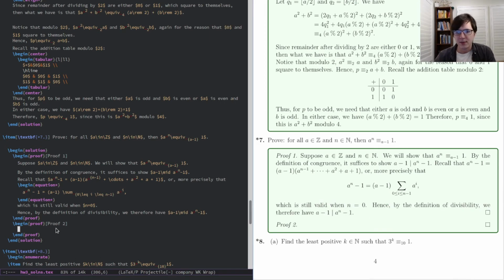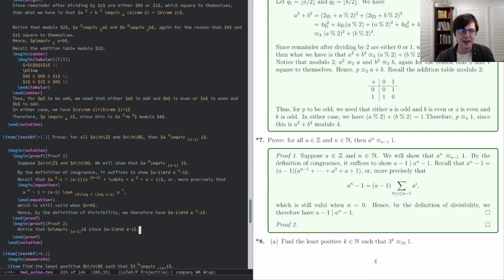Okay, proof 2. Notice that a is congruent to 1, since by reflexivity we have that. So what?